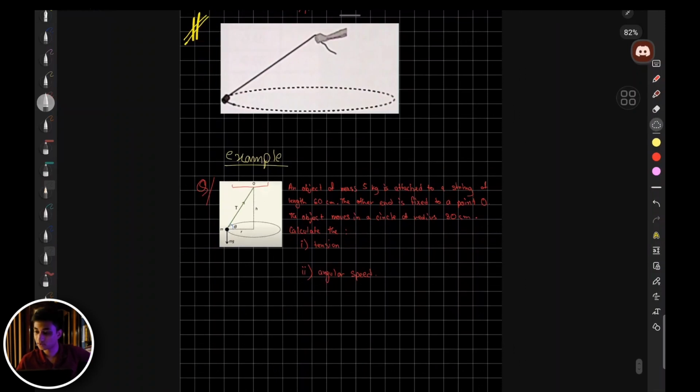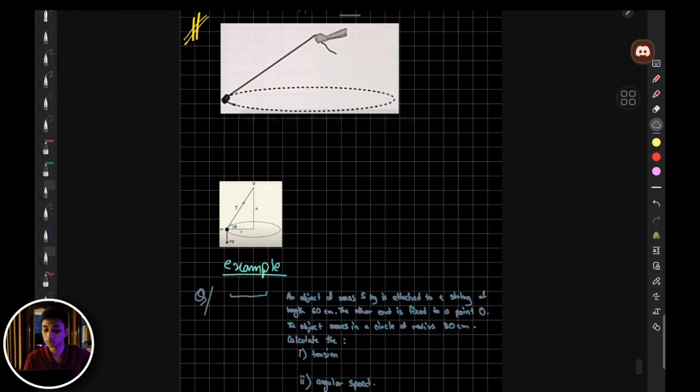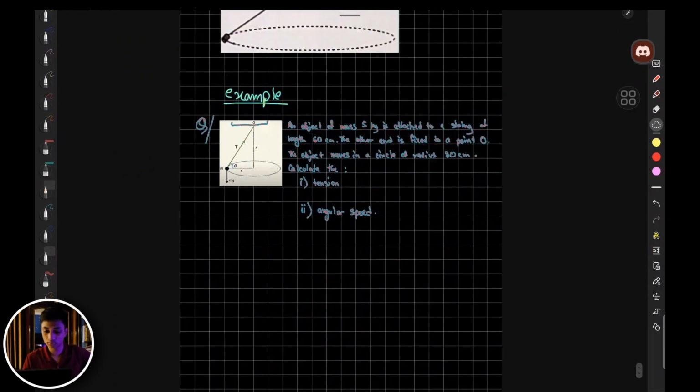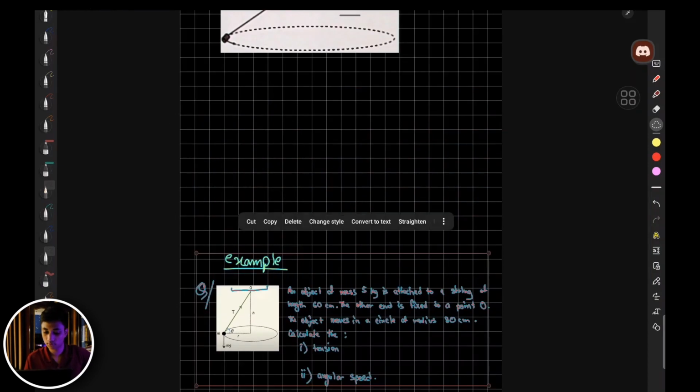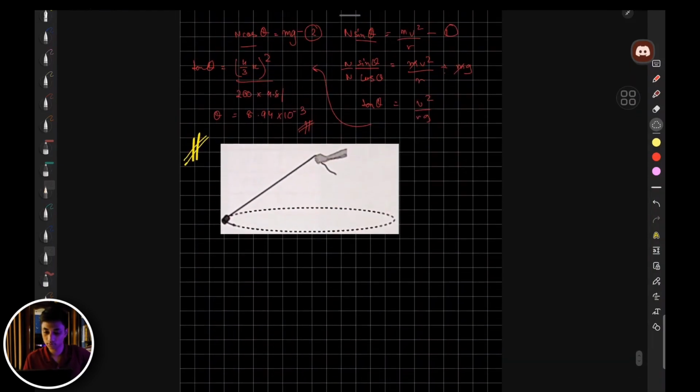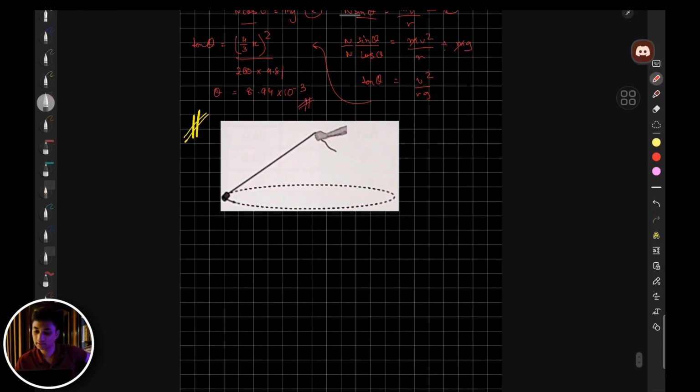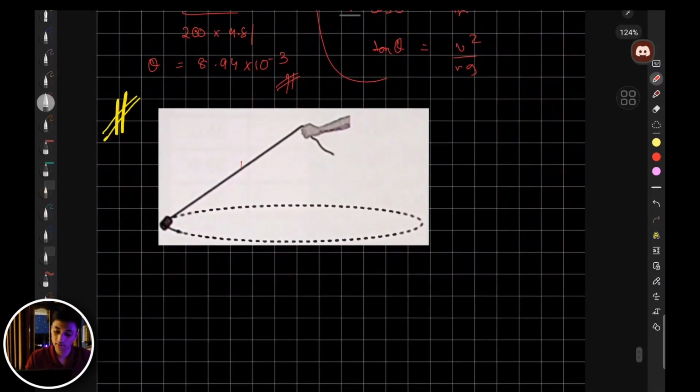All right. So for this, it's actually an example where tension is causing the centripetal force, right? In this direction.